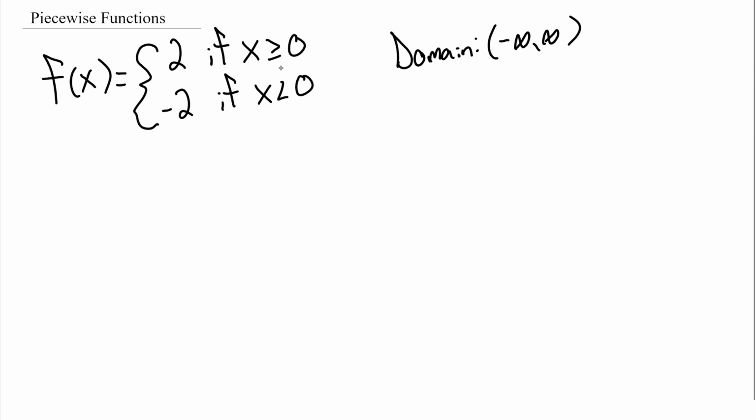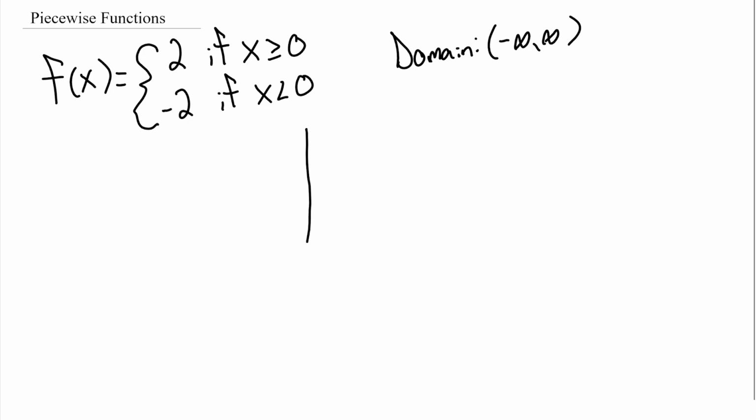Also notice that at x equals 0 specifically, this is the point where the equation of the function is changing, and only one of these sides should be equal to 0. We can't have both of them equal to 0 because then we would have 2 points at 0, which would make us fail the vertical line test and therefore not be a function. Okay, so these are some important things to keep in mind here.